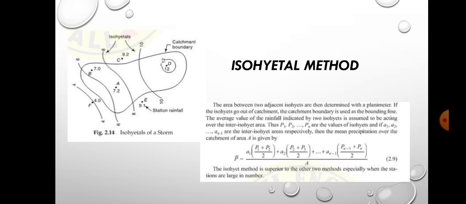Isohyetal method. The areas between two adjacent isohyets are then determined with a planimeter. If the isohyets go out of the catchment, the catchment boundary is used as the bounding line. The average value of the rainfall indicated by two isohyets is assumed to be acting over the inter-isohyet area.